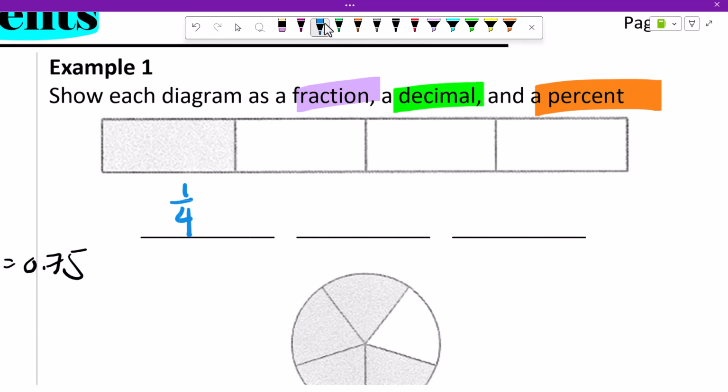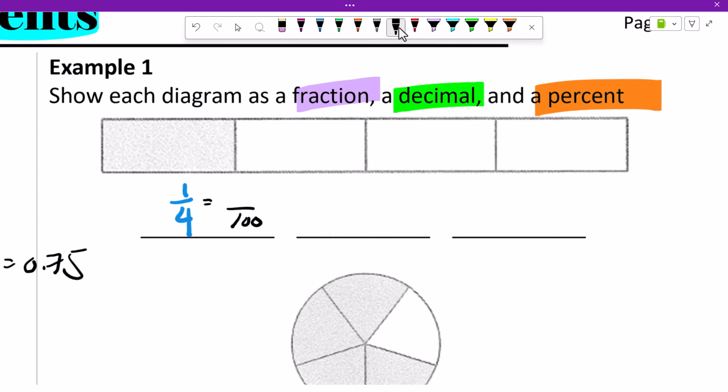So now, to find percentages and decimals, we need to convert this fraction to out of 100. I'll do it off to the side. Let's use black. I want to make it out of 100. What do we need to multiply to go from 4 to 100? 25.